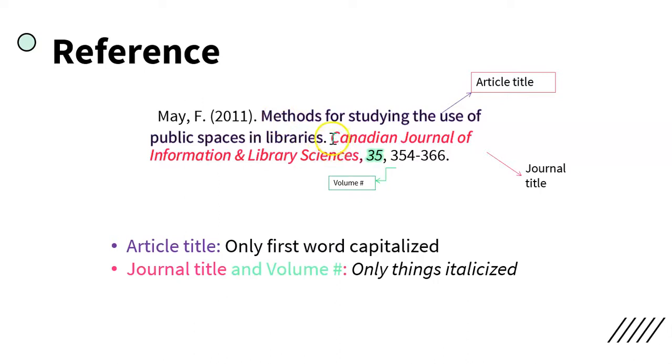And then also the journal title, so here that's the Canadian Journal of Information and Library Sciences. Only the journal title and the volume number are italicized. Nothing else is italicized. Those were 2 of the biggest mistakes: you would capitalize everything or italicize other things. Don't do that. Follow this example very carefully.